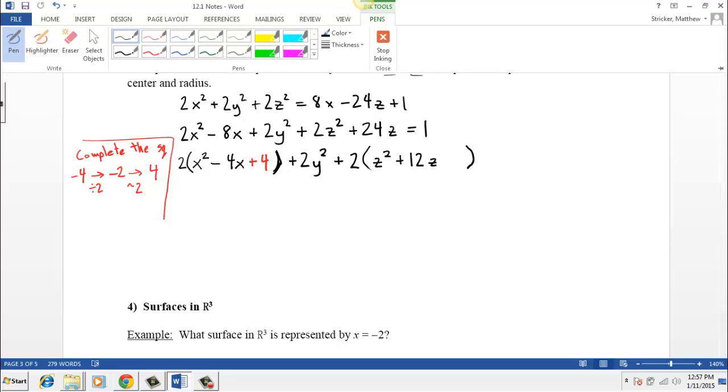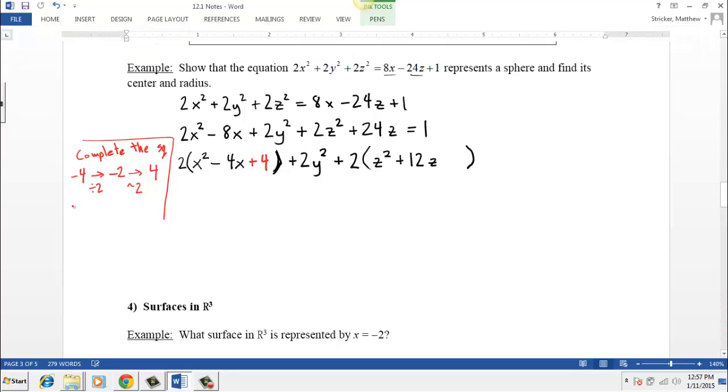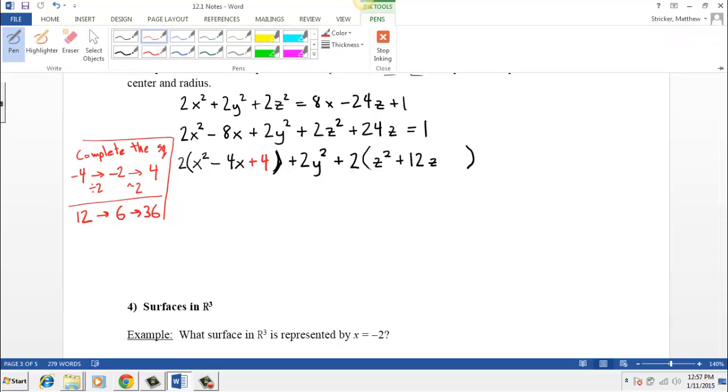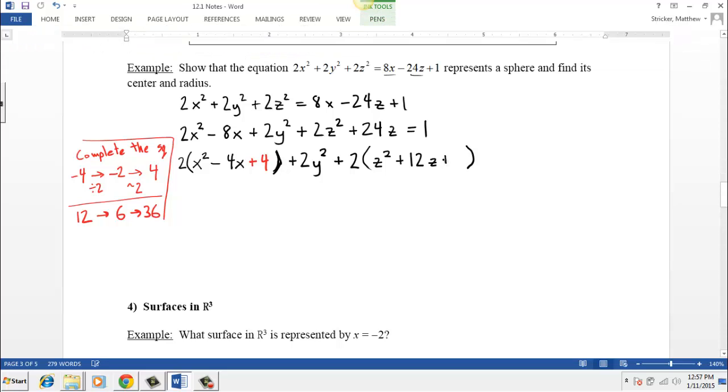And we're going to do the same process we did for the x's. We take our middle term, which is 12. We divide it by 2, it becomes 6, and then we square it, it becomes 36. So I'm going to add 36 here.